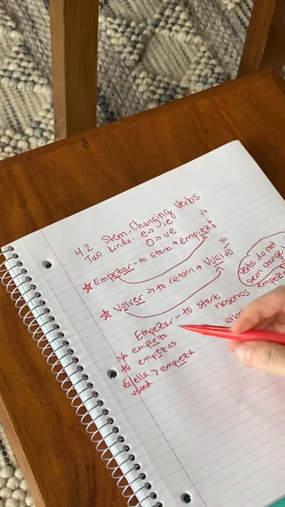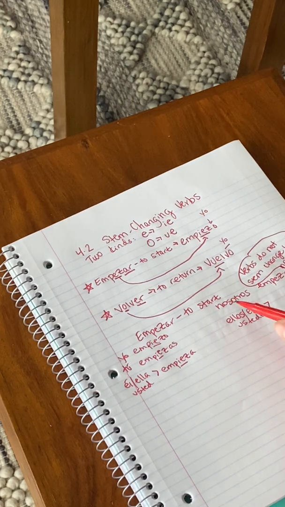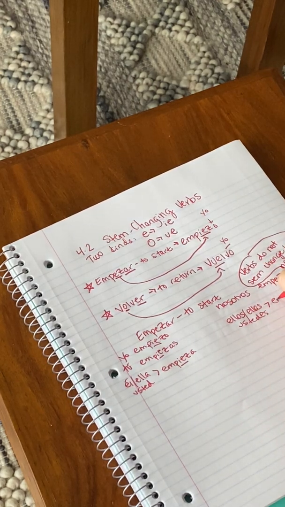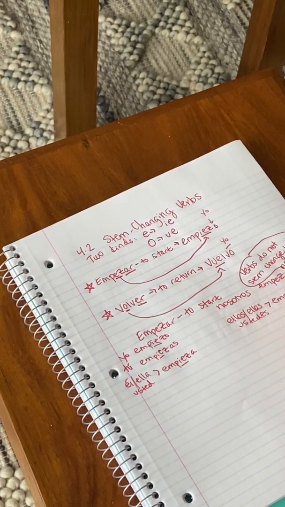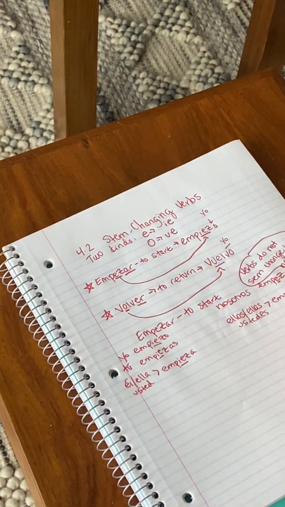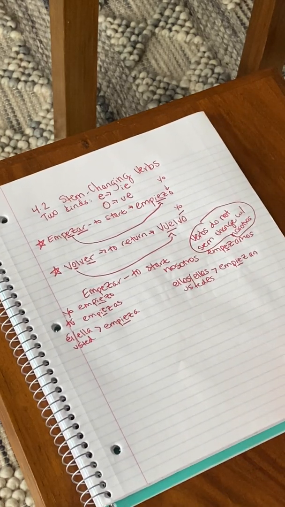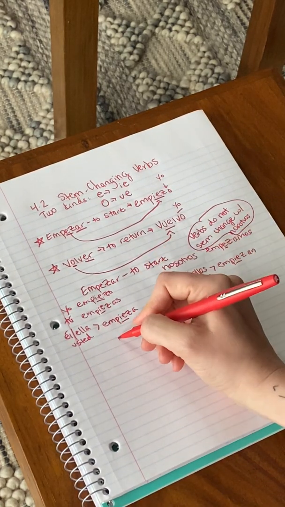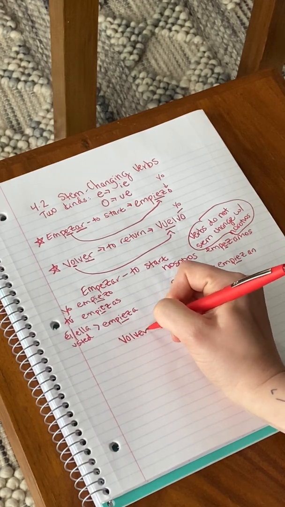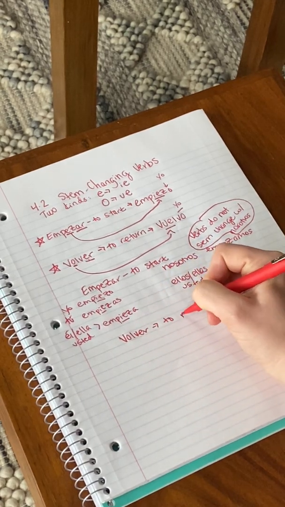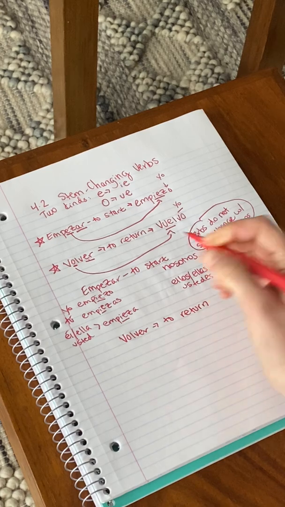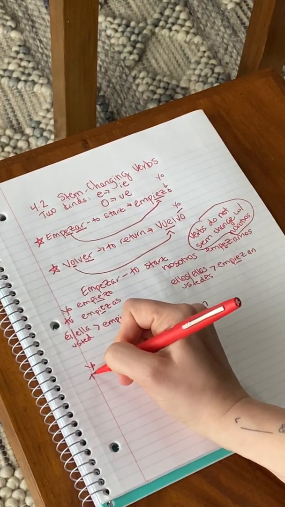Okay, so it changes with all of the other pronouns, but not with nosotros. And then empiezan. So we keep everything the same, except we change the IE. Okay? All right, then I'm going to do volver, which is an ER verb, and it means to return. We're going to do yo, tú.